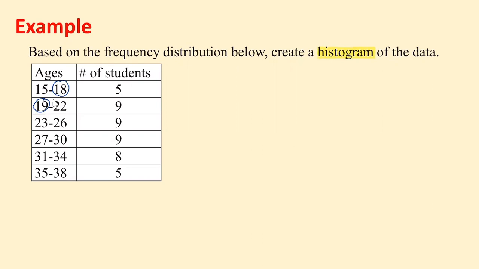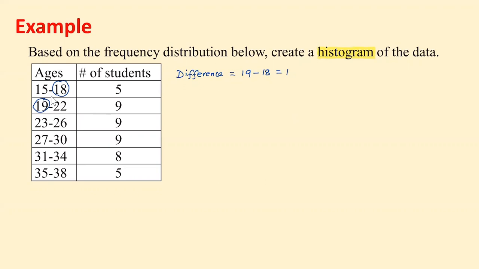If we look at these two classes, the difference is 19 minus 18, that is equal to 1. If you check this difference with all other classes, like 22 and 23, that's a 1. 26 and 27, that's also 1. 30 and 31, that's also 1. 34 and 35, that's also 1. So the difference is constant throughout.